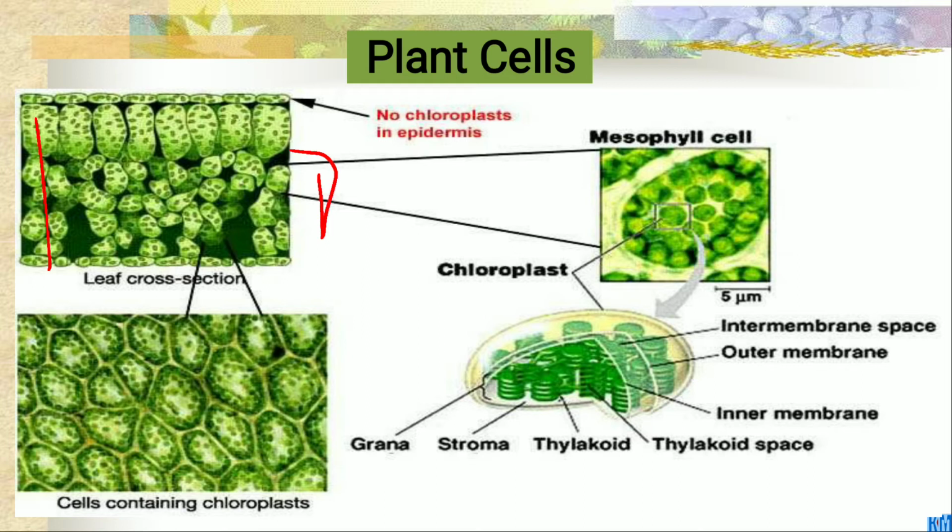This is the epidermal cells. The upper portion is the epidermal cells, in which chloroplasts are absent. In the middle portion are the mesophyll cells, in which the chloroplasts are present. This is the green portion where the chloroplasts are present.